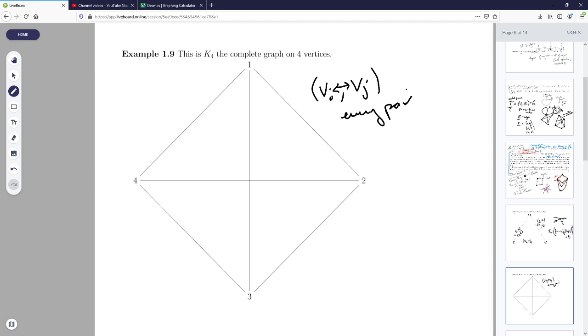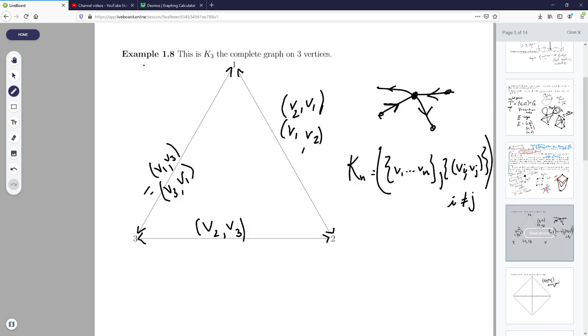But the first set contains V1, V2, V3. So this is the set of vertices, and this is the set of edges, right? And edges are pairs of vertices.